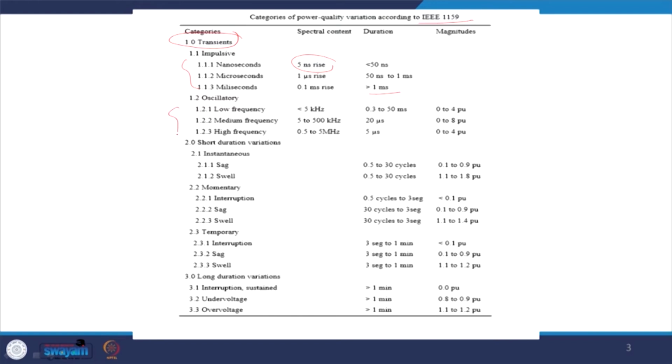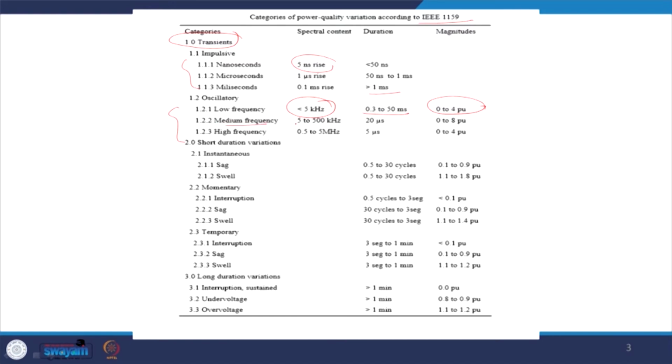Thereafter, it can be oscillatory. Oscillatory can be low frequency, very low, in the kilohertz level, 5 kilohertz, for a period of 0.3 to 50 milliseconds, and its magnitude can be as high as 0 to 4 per unit.